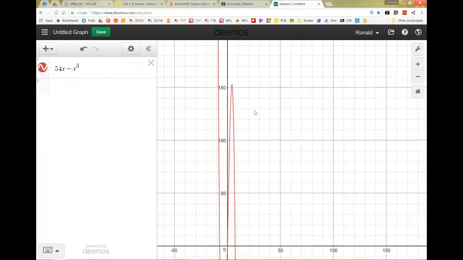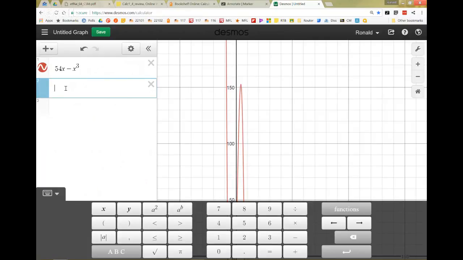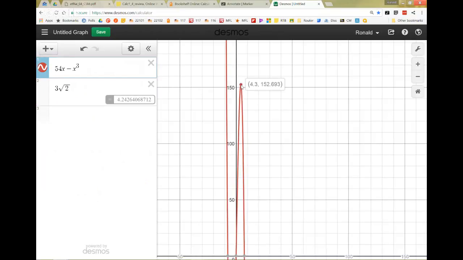And the question is, what's the max? So that would be at this point right there. And if you check, 3 times the square root of 2 should be 4.243. Here, let's just do that. 3 times the square root of 2. Yep, see how it equals. Well, here it's rounded off, but that's 4.243. So we were correct.